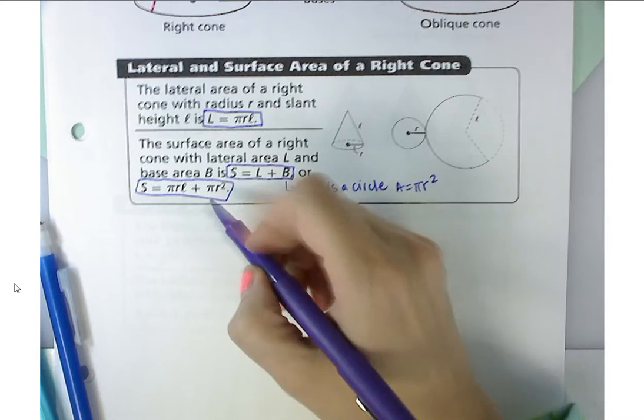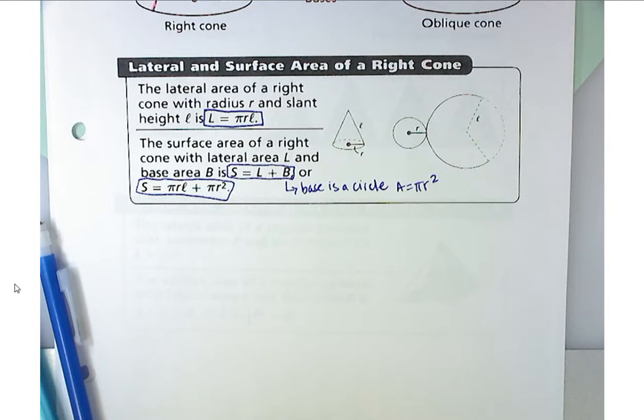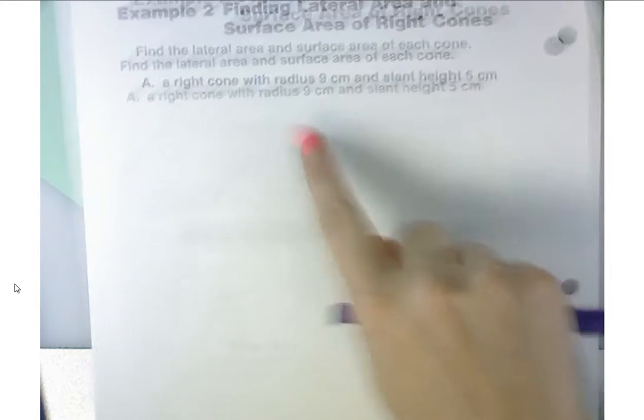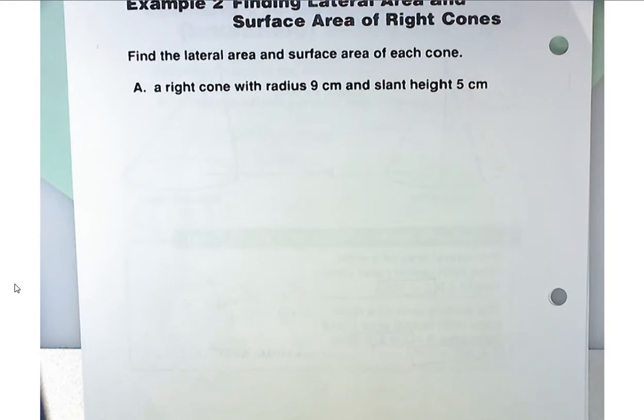That's where this pi r squared comes from. All right, and then let's put this into practice. We are going to do 2 examples. So I know this says just part A, but we are going to do part B as well.